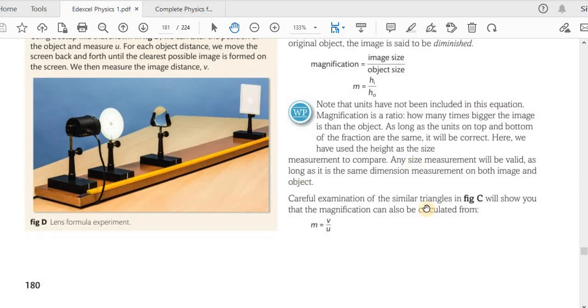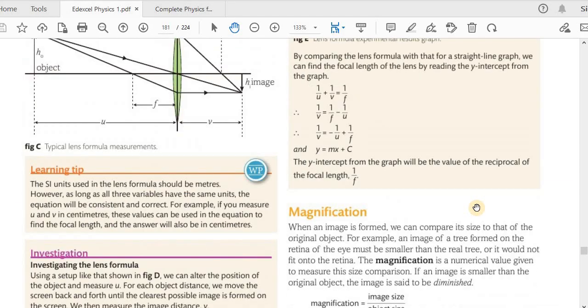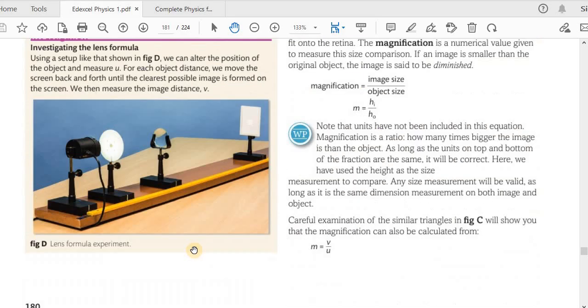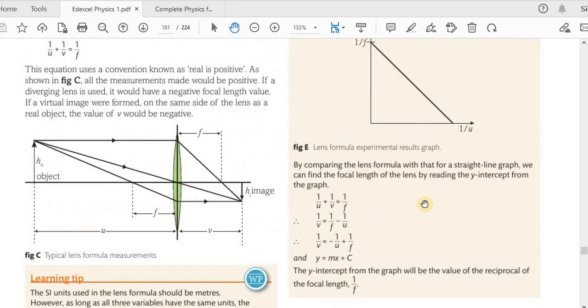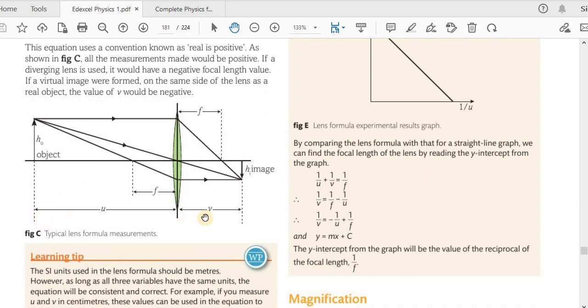Careful examination of the similar triangles in figure C. Yes, so we have triangles. We'll show you that the magnification can be calculated from m equals v over u. Okay, so we have v, we have u, then we can see the triangle here.